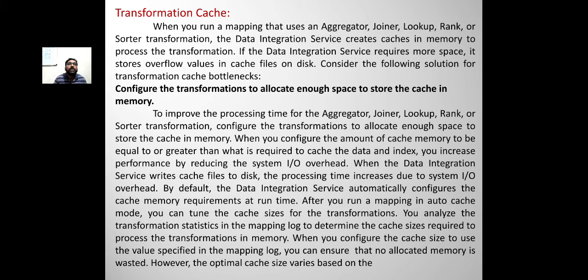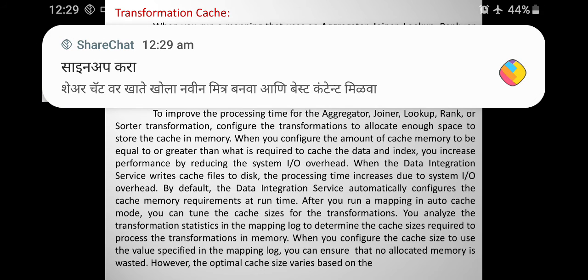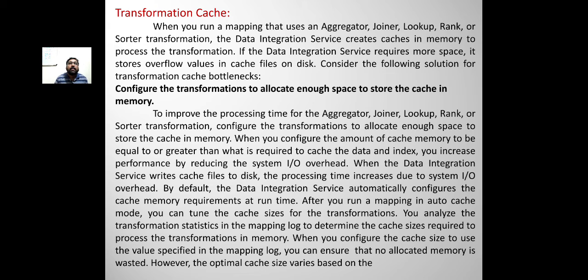When you configure the amount of cache memory to be equal to or greater than what is required to cache the data and index, you increase performance by reducing the system input/output overhead. When the Data Integration Service writes cache files to disk, the processing time increases due to system input/output overhead.